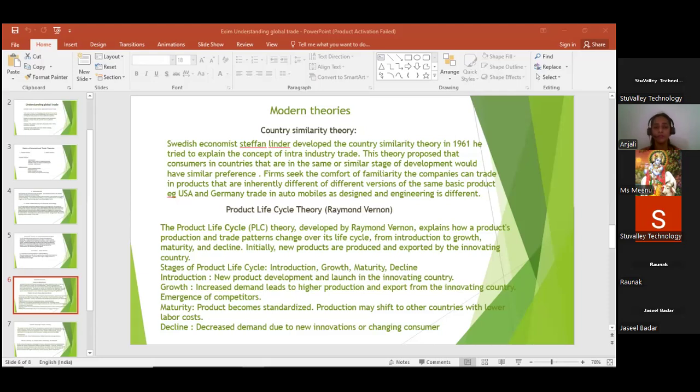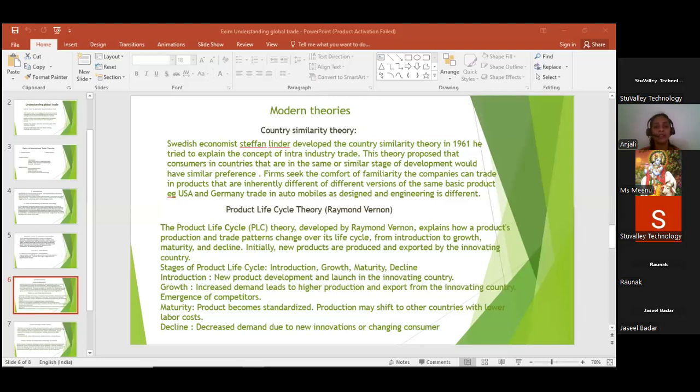It was introduced by Raymond Vernon. The product life cycle developed by Raymond Vernon explains how a product's production and trade patterns change over its life cycle from introduction to growth, maturity, and decline. Initially, new products are produced and exported by the innovating countries.